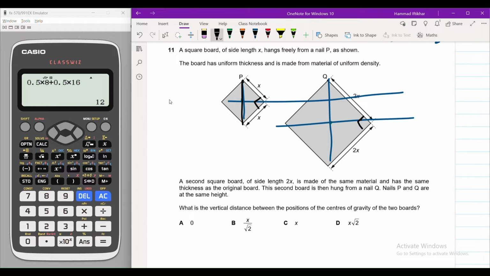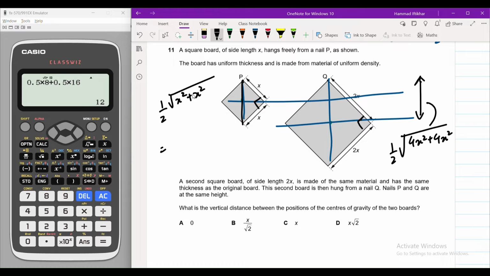So this length is going to be half of the square root of x squared plus x squared, and this length over here, this height, is going to be half of the square root of 4x squared plus 4x squared. Okay, so let's see.